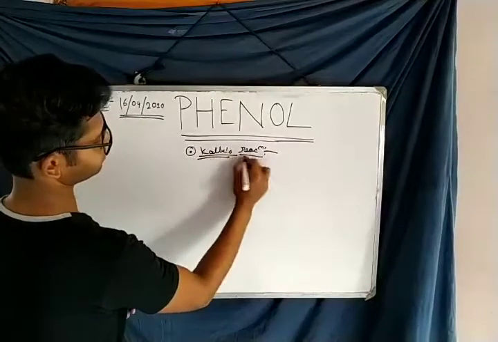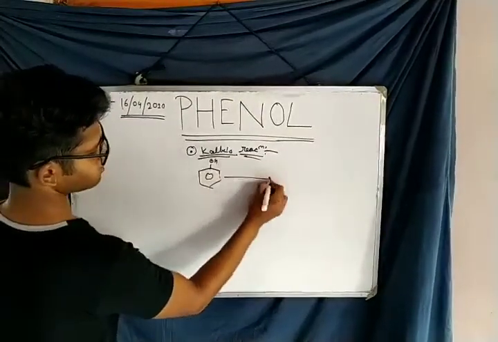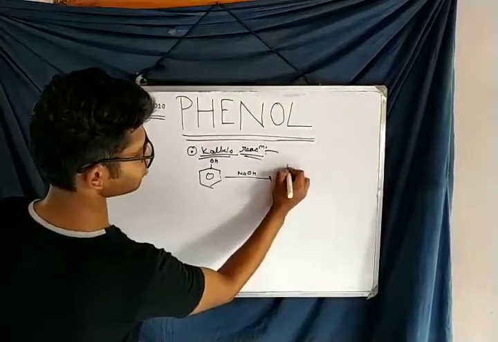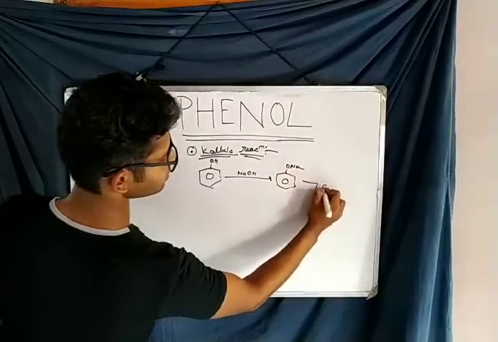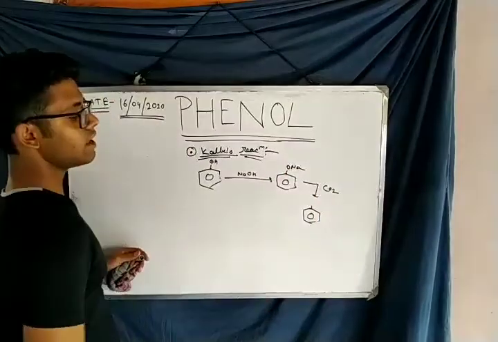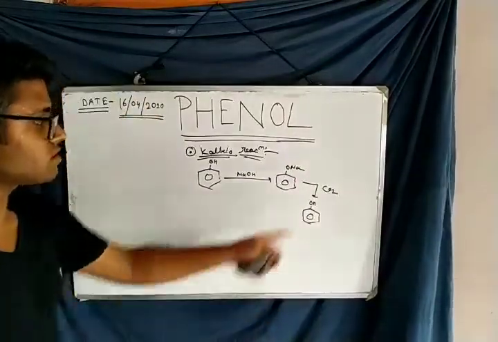Kolbe's reaction. When phenol is treated first with NaOH, it gives ONa, as we know from the other reaction, then it is treated with CO2.